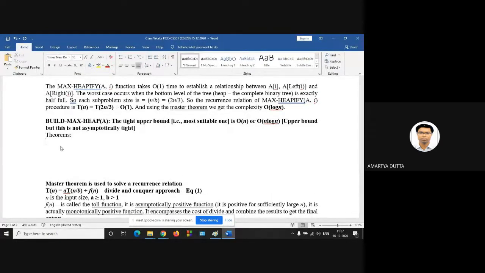But the theorems. The first theorem is that in an n element heap, the height is floor of log n.